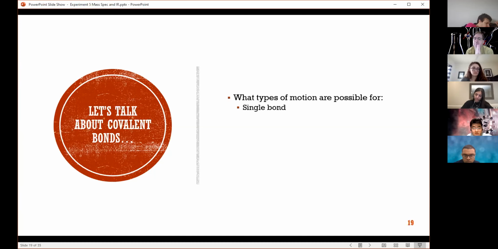Every chemical bond behaves like a spring. We draw it on the page and tell you the bond length because that's the average length, the most stable, but it can always vibrate a little bit. So a single bond can rotate and it can vibrate. A double bond can't rotate, it's locked in place. All it can do is vibrate, but it can still do that.